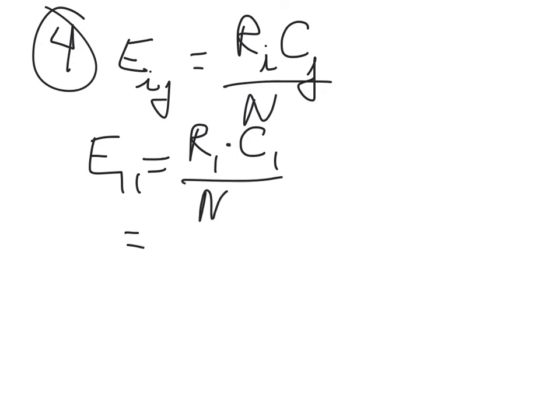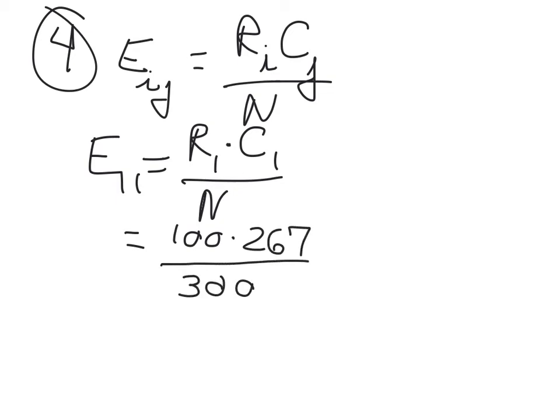In this particular case, you're going to have 100 times 267 all over 300. So let's multiply that out and see what we get. 267 divided by 3, and we get 89. Oh gee, too bad, I was hoping for some more 666s.